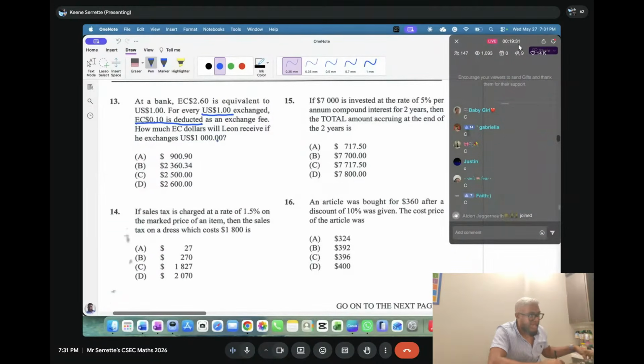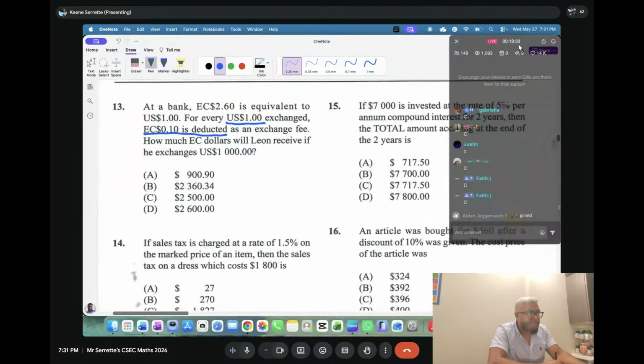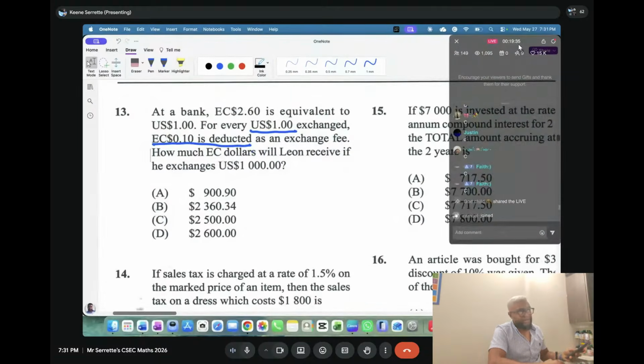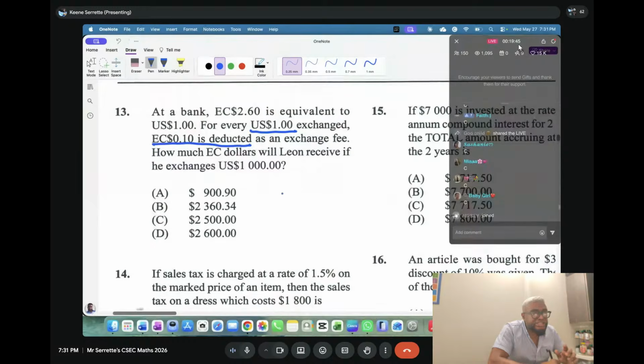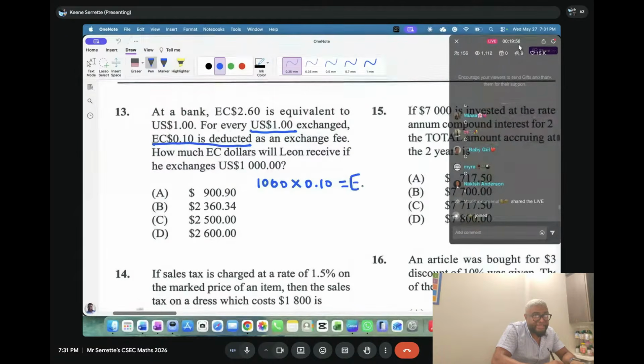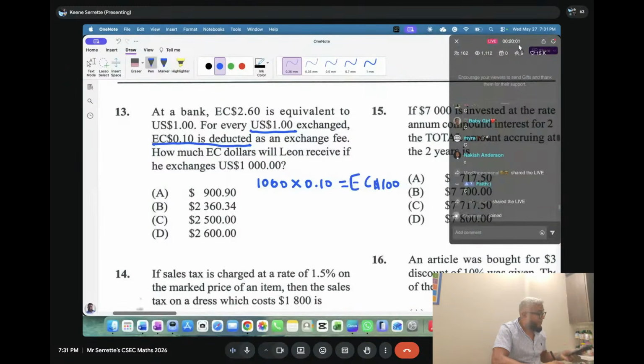How many US dollars am I trying to change? 1,000. So in order to find out how many EC dollars I am going to deduct, it would be 1,000 multiplied by EC 10 cents. When I multiply this, I will get EC $100. That is what I'm about to deduct.